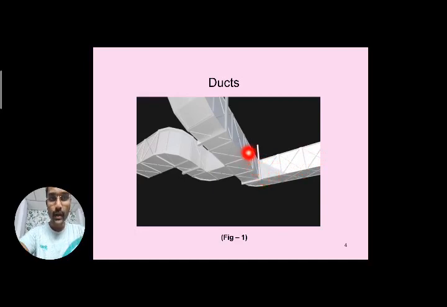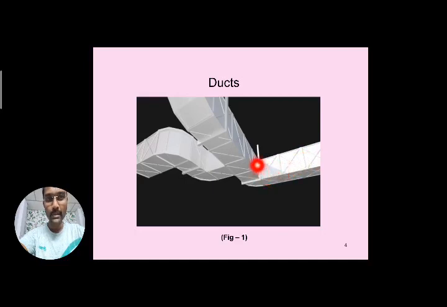These ducts are helpful to move or bypass the air: conditioned air, outside atmospheric air, or used air. These can be passed through these sections, which have a rectangular or circular cross section.